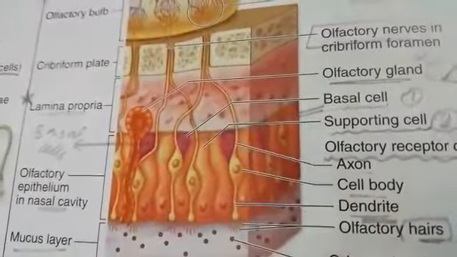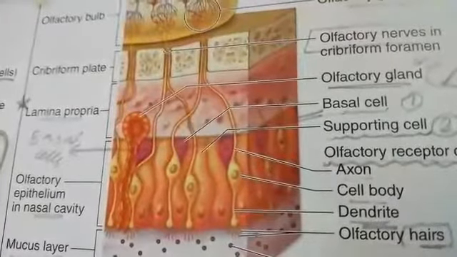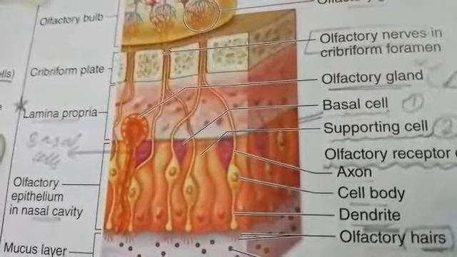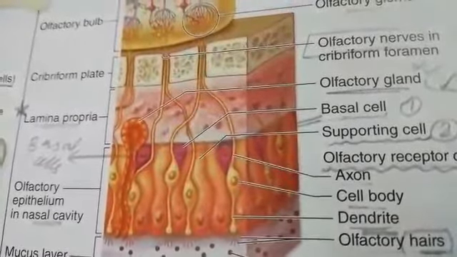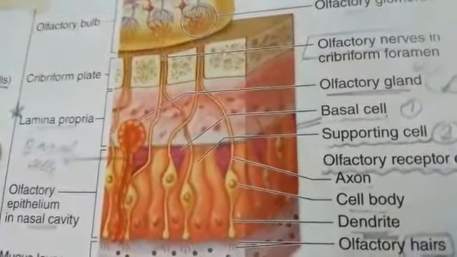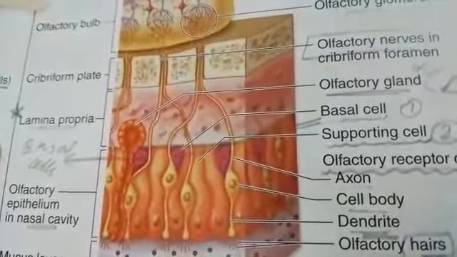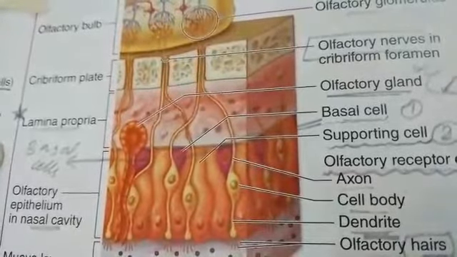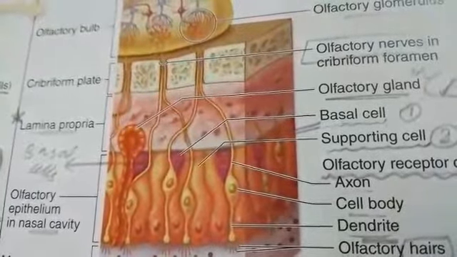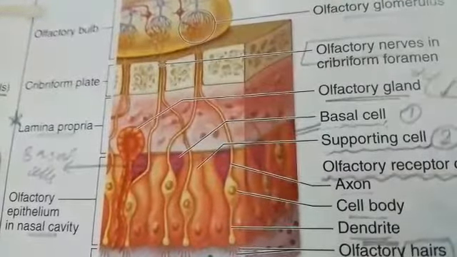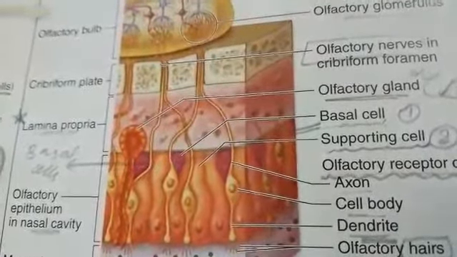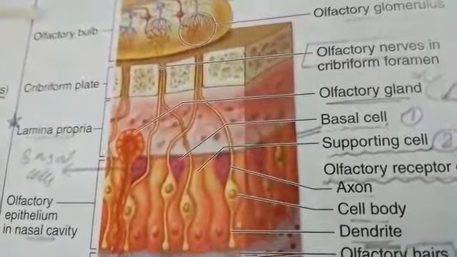Then we have the basal cells as well, close to the basal lamina. They also perform the function of stem cells or reserve cells. They differentiate into the rest of the epithelium. They can be replaced within a month or two, so that the olfactory epithelium is maintained.